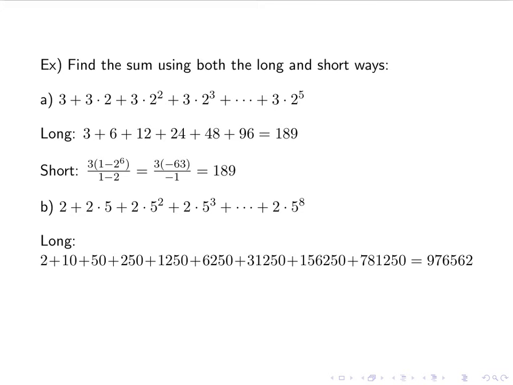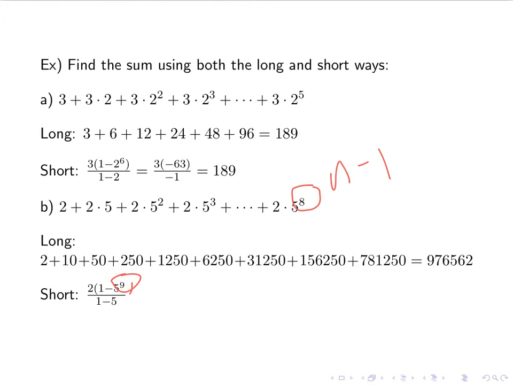That's a lot of work. It's a lot of putting things into your calculator, hoping you don't hit a typo, hoping you don't mess it up. Or we can do it the short way, and I forgot to close the parenthesis. So again, this guy is n minus 1, which makes n 9. So 2 is my a, 5 is my r, and n is my 9.